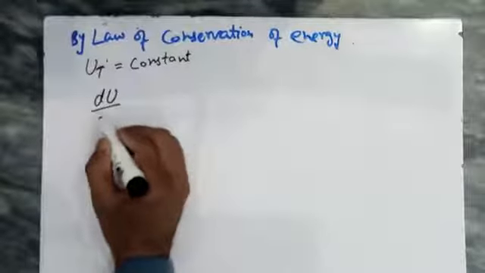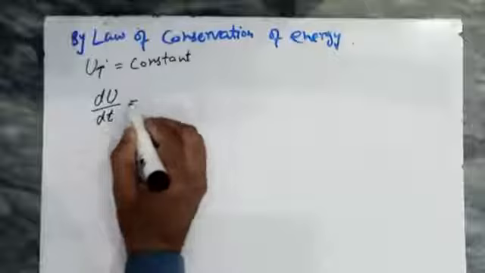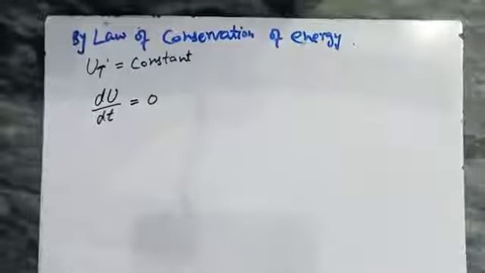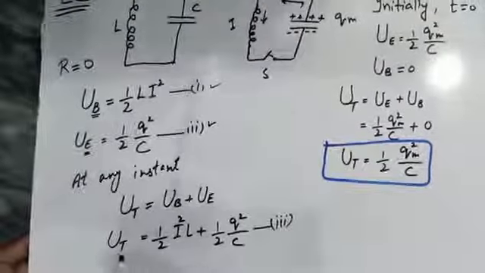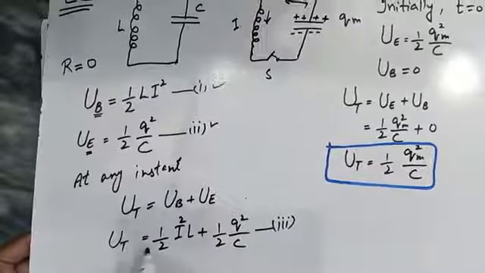So rate of change of this energy with respect to time is equal to 0. As we know that total energy is given by this equation, so its time derivative is equal to 0.